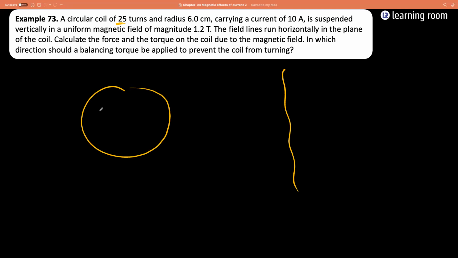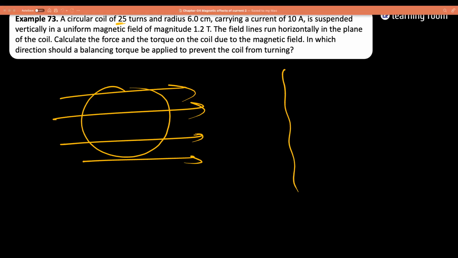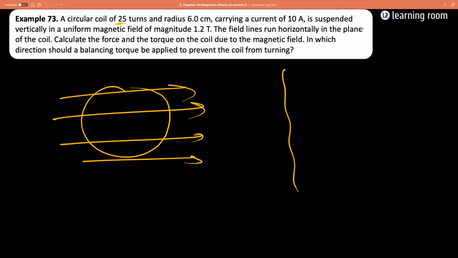So if the coil is like this. Sir, 3.4. Yeah, 3.4. Correct.